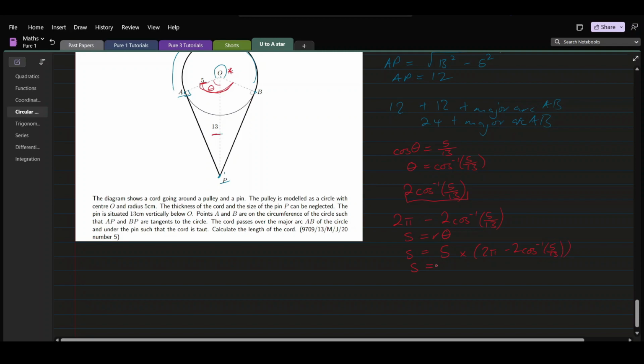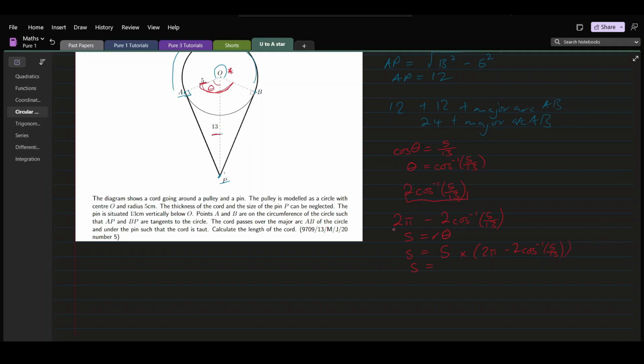Let's punch that into the calculator. That's 5 times 2 pi minus 2 arc cos of 5 over 13. And this gives us 19.6559, correct to 4 decimal places, and we can substitute here.